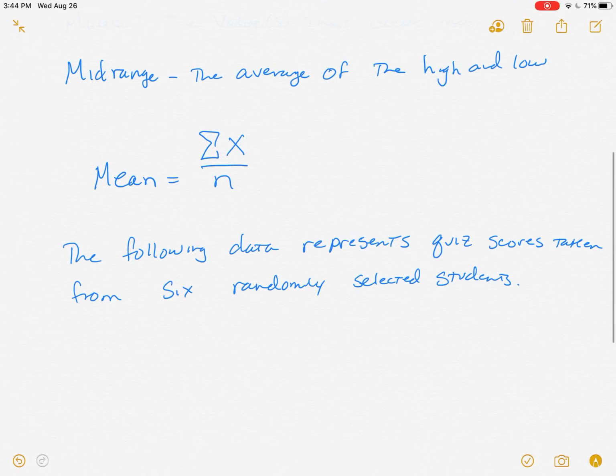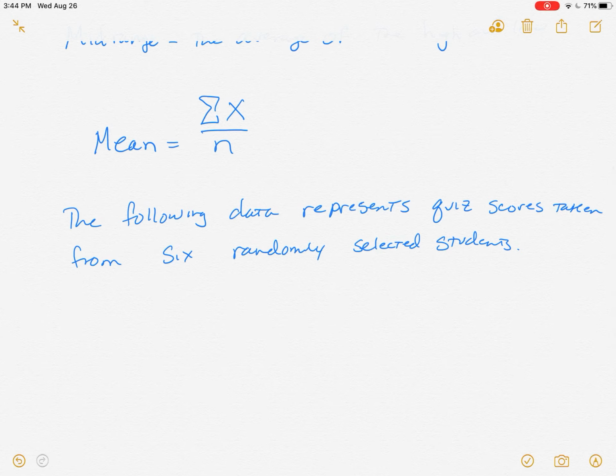Okay, so I randomly select the students and the first person got a 7 on their quiz. The next person got an 8. The next person got a 5. Then I had another 8. Then I had a 9, and I also had somebody with the quiz score 6. So the quiz was out of 10, and these were the 6 quiz scores that I randomly selected.